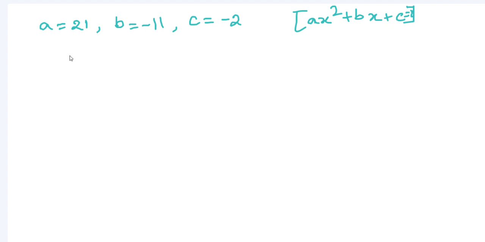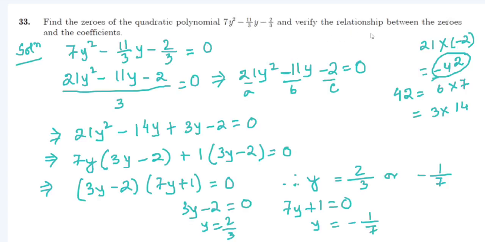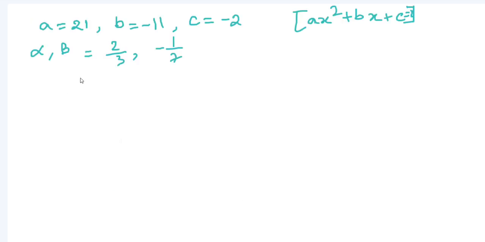Now, what are alpha and beta? Those are the zeros that we already got: 2 by 3 and minus 1 by 7. The question asks us to verify the relationship. So let us first write the relationship.